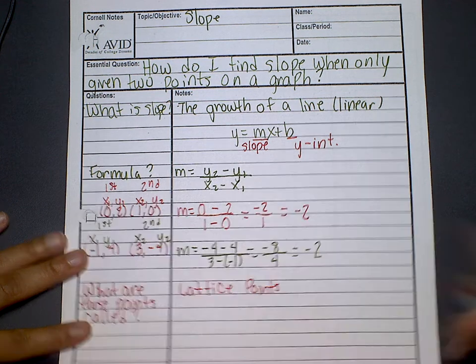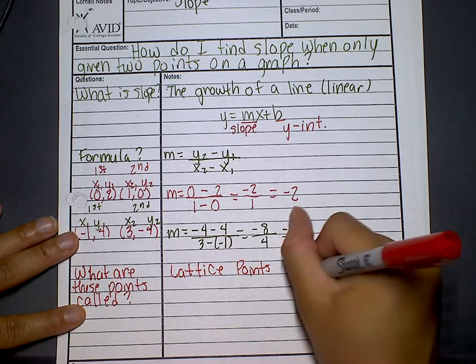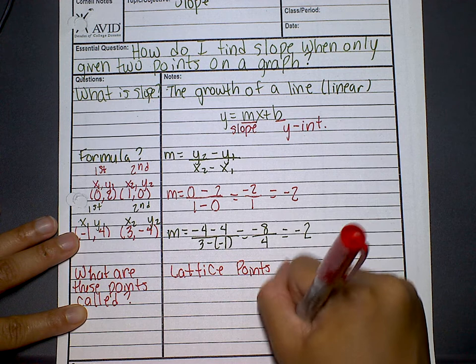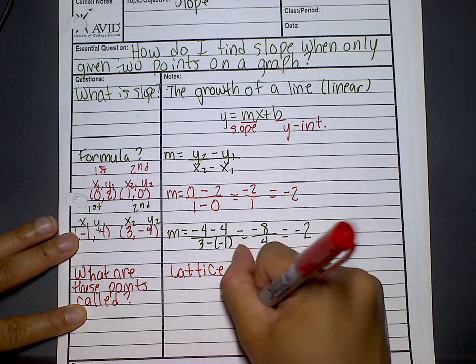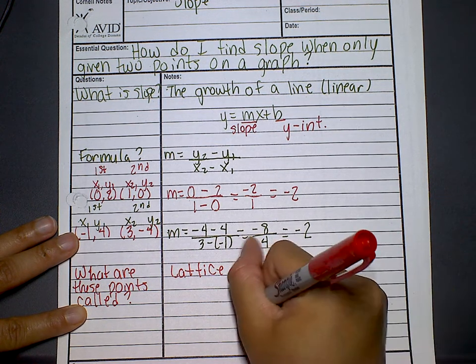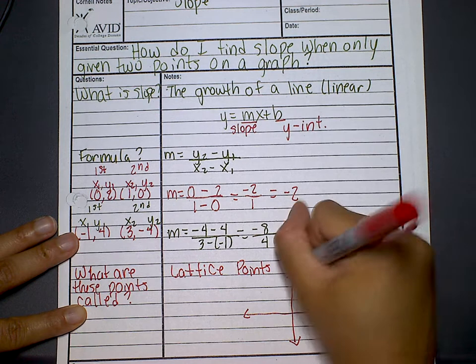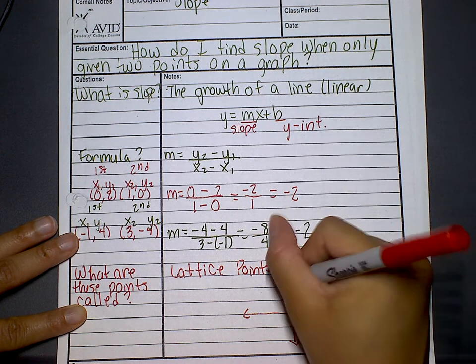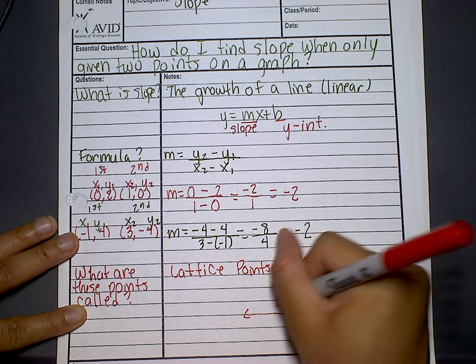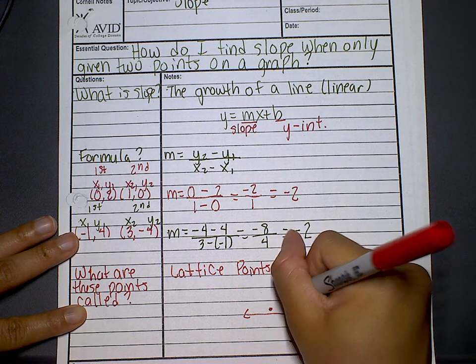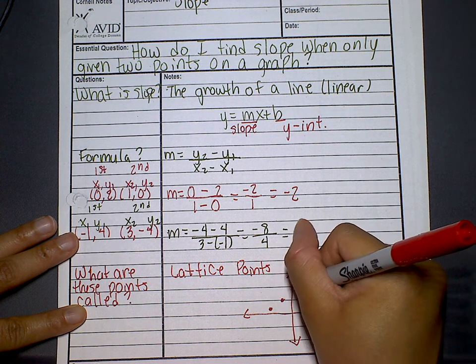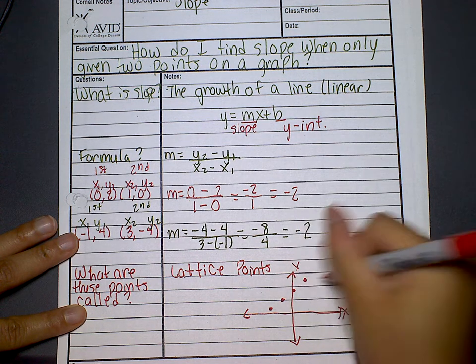So what I mean by lattice points is, if you have a graph, I'm just going to make a quick sketch, so it's not going to be perfect, and I'm not expecting it to be exactly accurate. And get your x and your y really quick. So let's say, for instance, we have a line, and we have our points first, and this is our line.